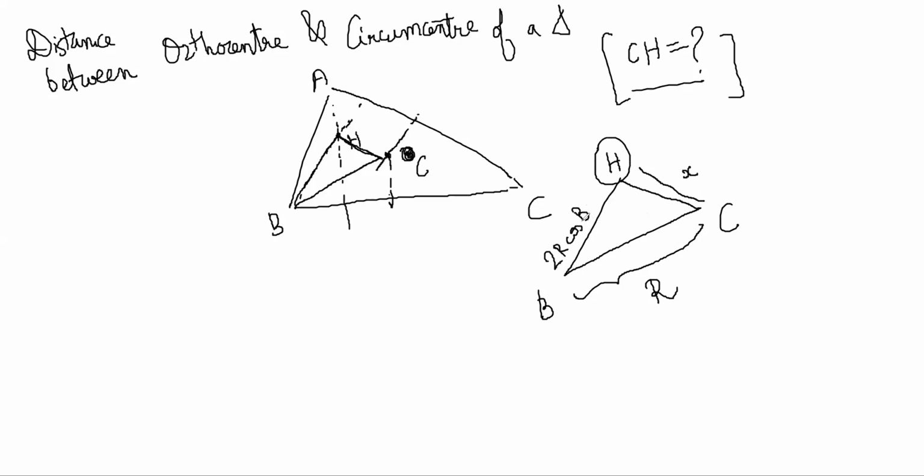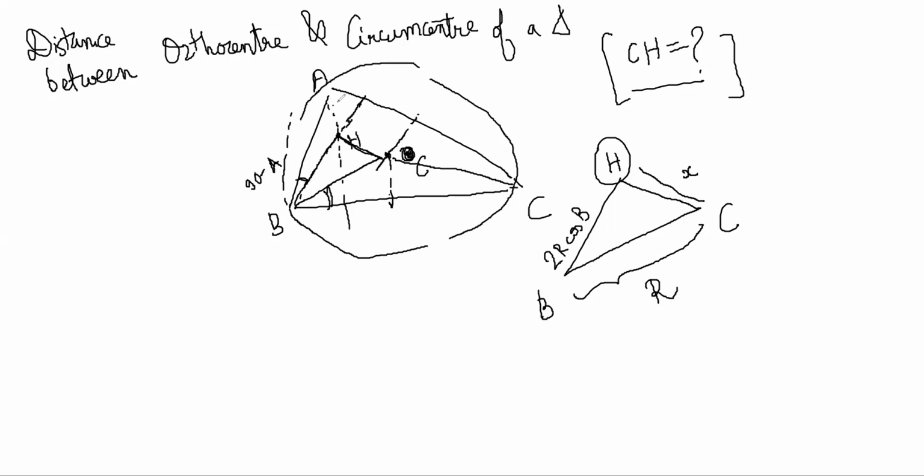Okay. Now, what is this angle? This angle we know from earlier today. This angle is 90 minus A. And what is this angle? We can find this angle also. This angle we did in the last class because the circumcenter is the center of the circle, right? So the circle is like this.